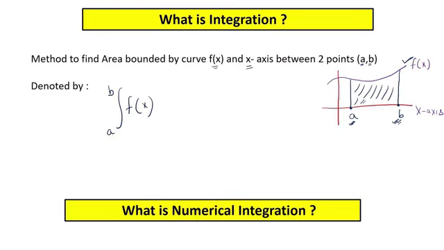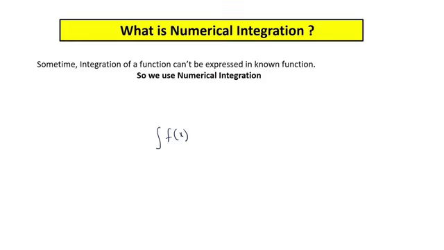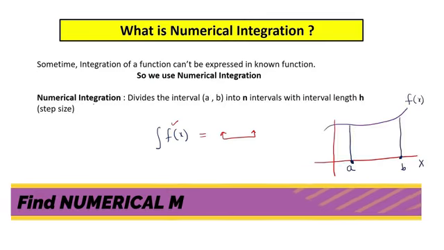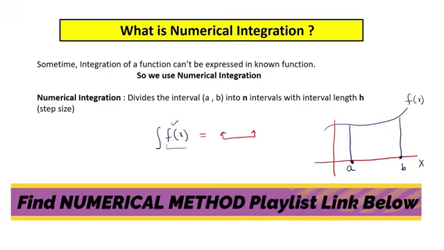Now the next thing is, what is numerical integration? Sometimes it may happen that if we integrate this function f(x), we may not get a known function, or a closed-form function. In those scenarios, we use numerical integration. The numerical integration process also gives the integration of this function between 2 points A and B, but it will always give a simple numerical value.